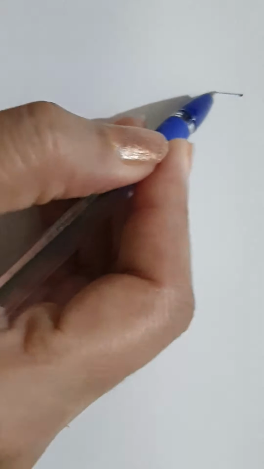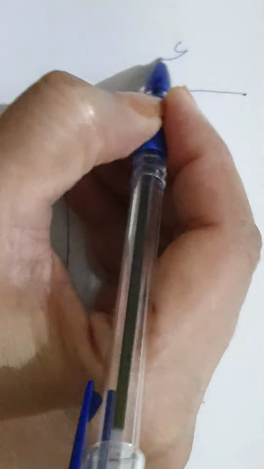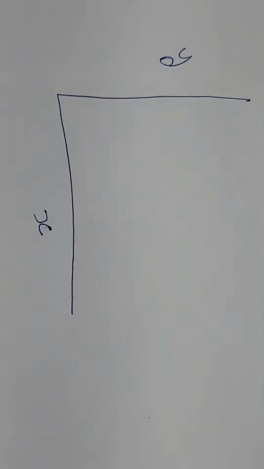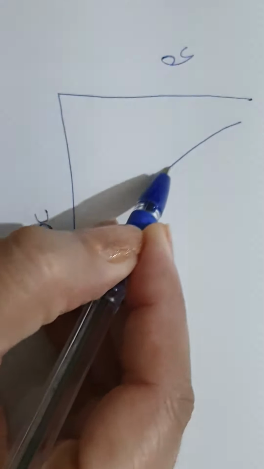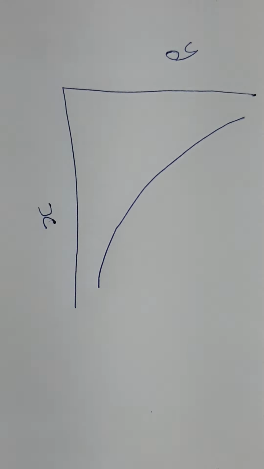As you can see, as we are increasing consumption of X, we have to reduce consumption of Y. So there is an inverse relationship between X and Y, and its slope is negative.